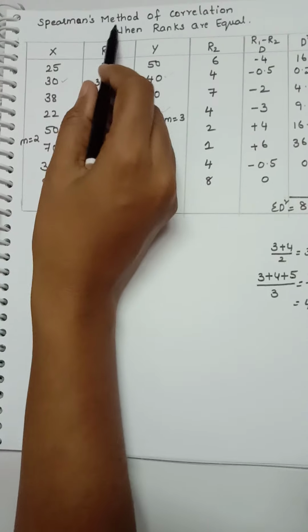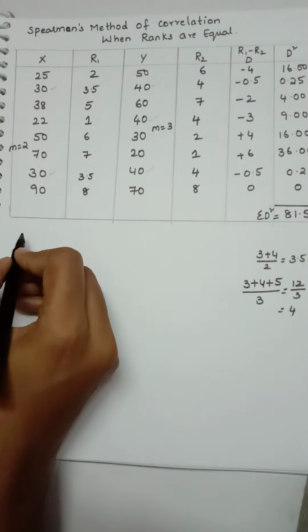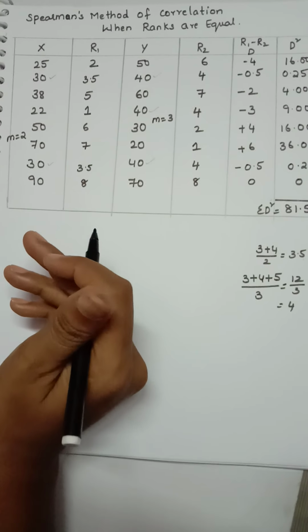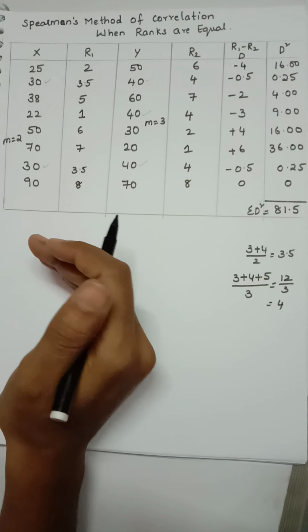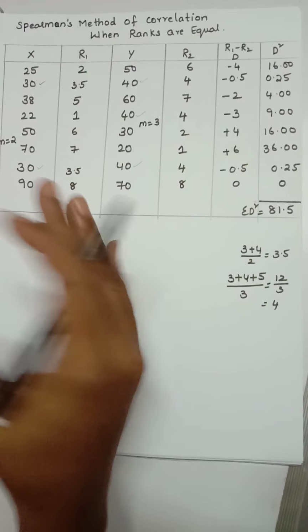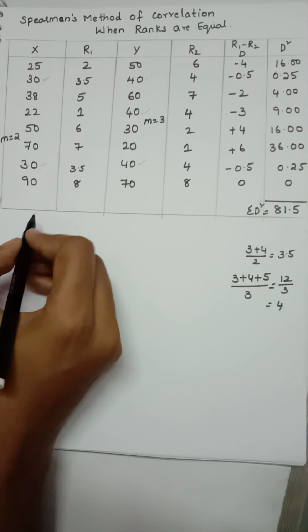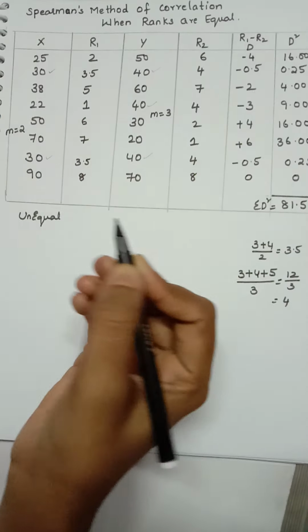Okay, now we'll move to the formula for the Spearman method of correlation when ranks are equal. When ranks are unequal, I want to differentiate the formula. It's a very big formula, and some students will get confused here. So I want to make a differentiation between the unequal formula and the equal formula. First I'll write the unequal formula, that is, when ranks are unequal, a different formula.